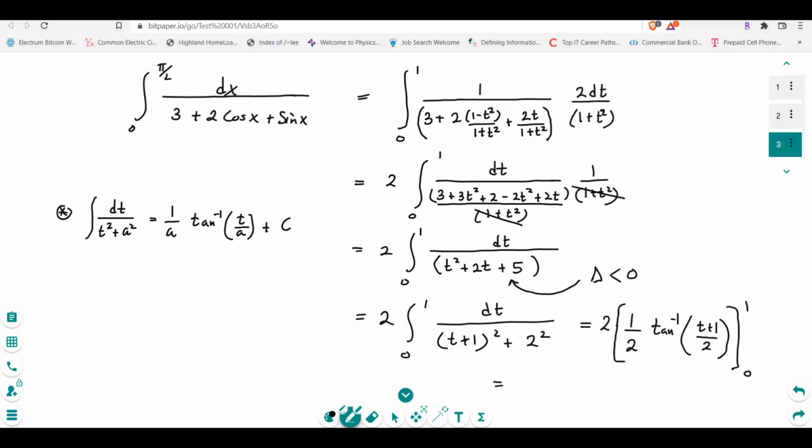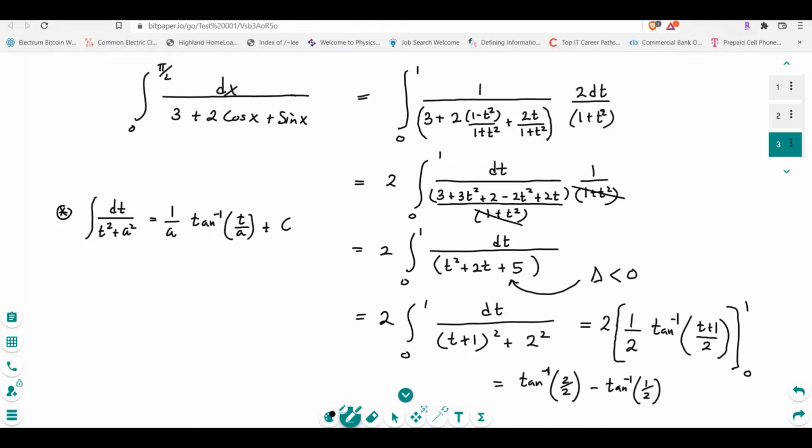So then I'm going to substitute the limits. The upper limit, inverse tangent, I will have 1 plus 1, so that is 2 over 2, minus inverse tangent. I'll have 1 over 2. So I have 1 over 2 here.